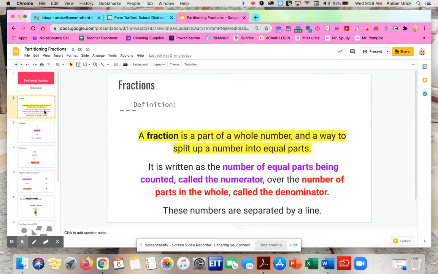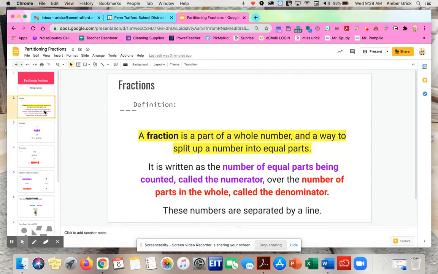Let's review what a fraction is. A fraction is a part of a whole number. It's also a way to split up a number into equal parts. It is written as the number of equal parts being counted, called the numerator, and the numerator is over the number of parts as the whole, which is called the denominator.